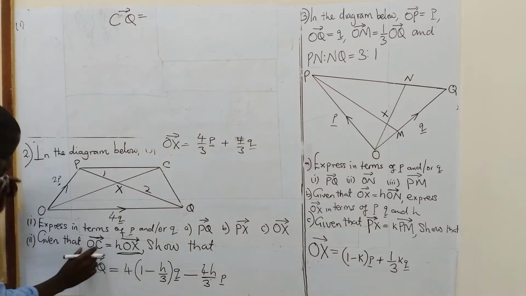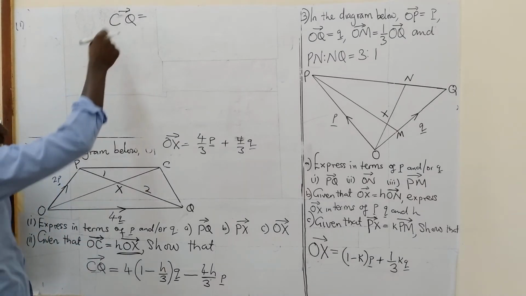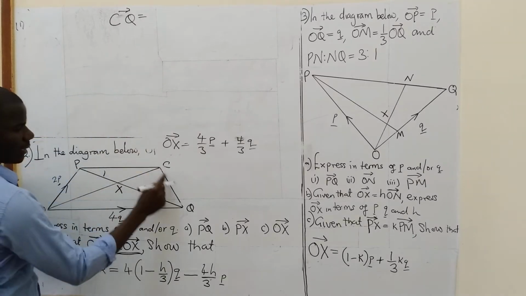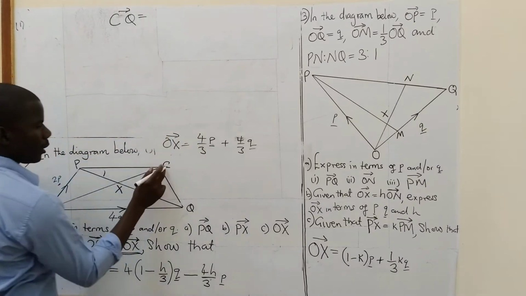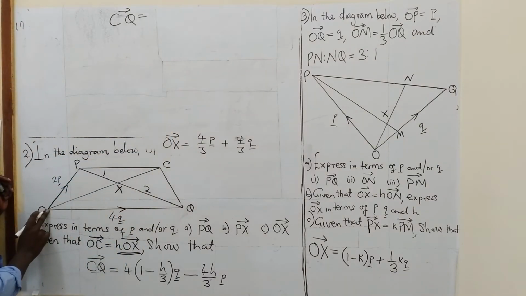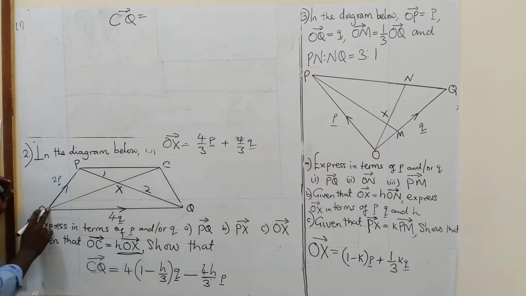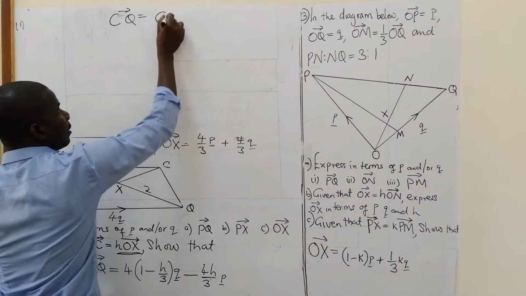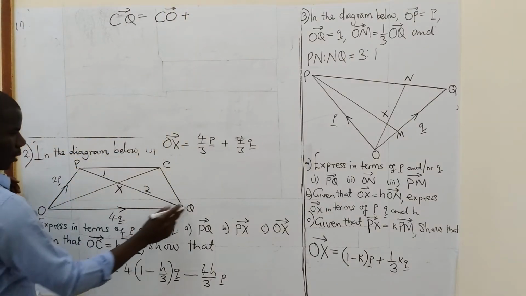Now, we have been given OC. So what this means is that CQ is going to be CO plus OQ.